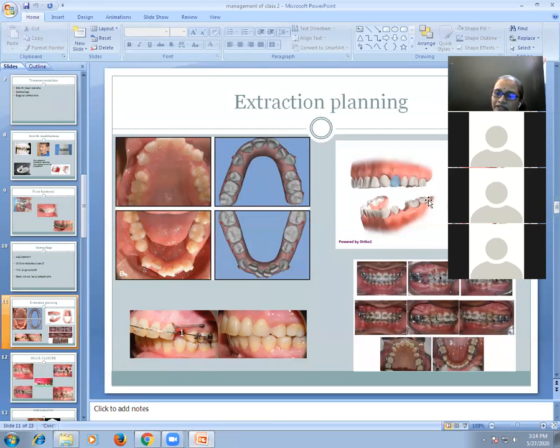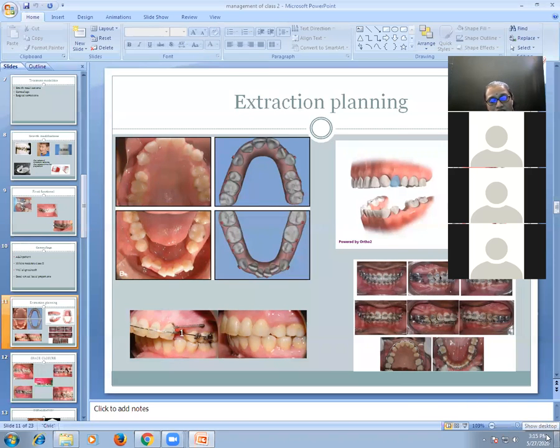But you want to correct the class 2 molar relation, so you need to allow the lower molar to migrate or shift mesially. So you will extract lower 5, so that it is easier to protract the lower molar and correct the malocclusion. Fine. In minimum to moderate anchorage cases where you need minimum or moderate space, you can go for all 5 extractions.